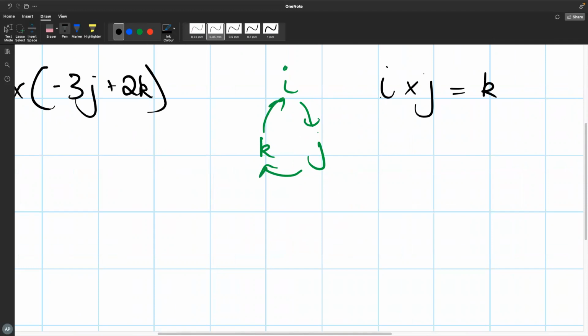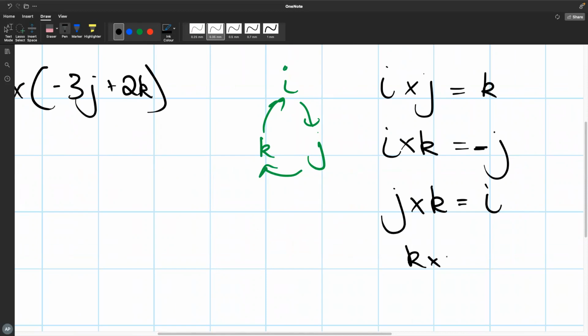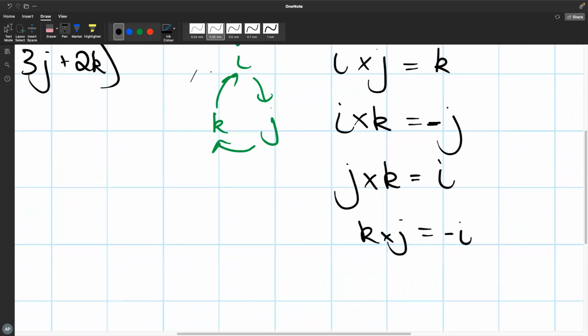Then if we go the reverse direction, i cross k, because we're going backwards in this clockwise cycle, we do still get j, which comes after k in this side. However, it is going to be negative as we're going backwards. Similarly, j cross k gives us i, and k cross j gives us minus i, because you're going backwards in this clockwise cycle.